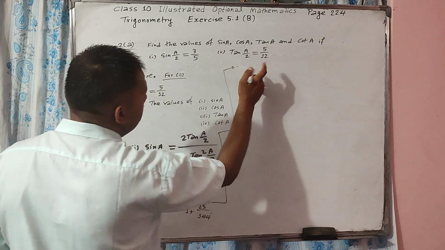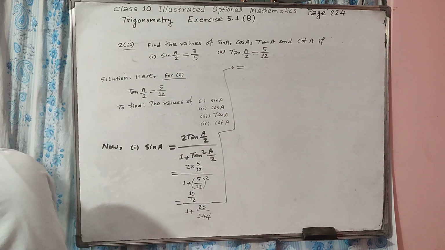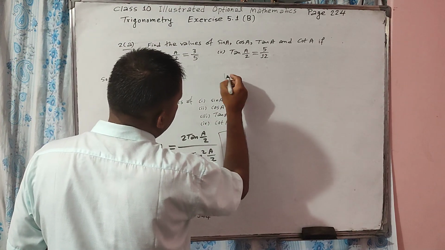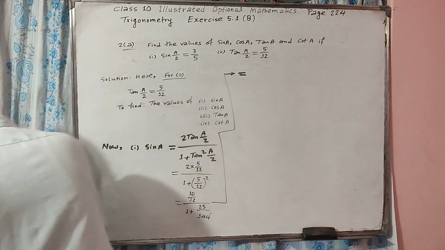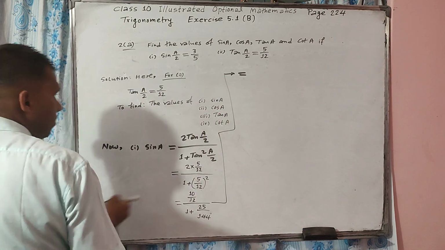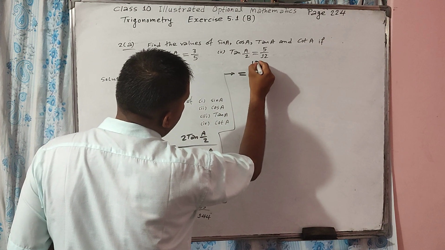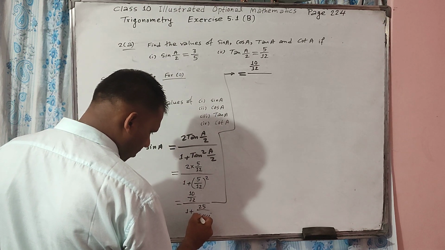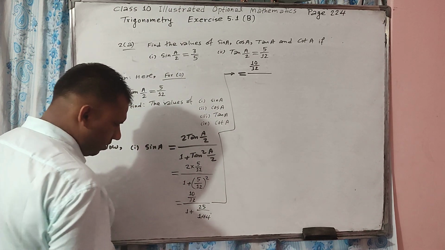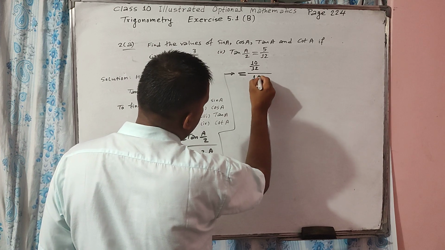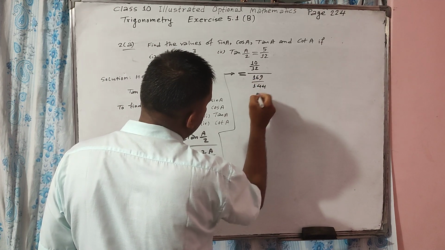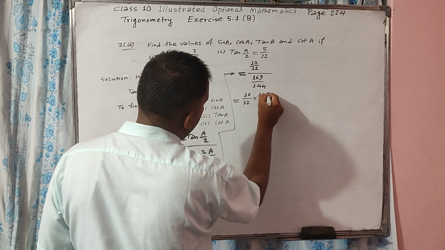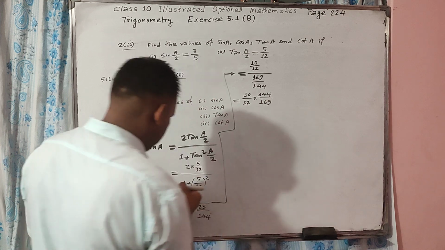This equals 10 by 12 upon 144 plus 25, 169 upon 144, equal to 10 by 12 into 144 upon 169.